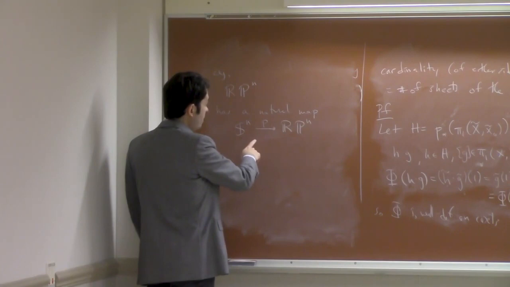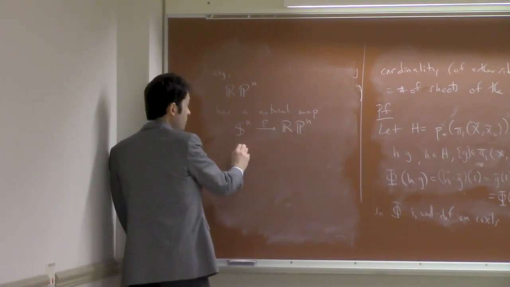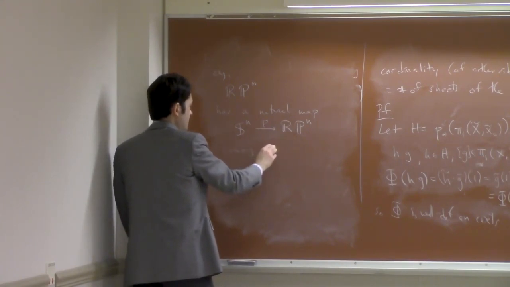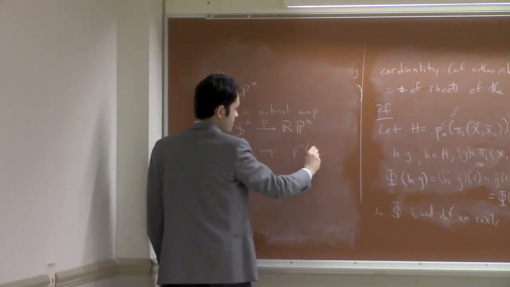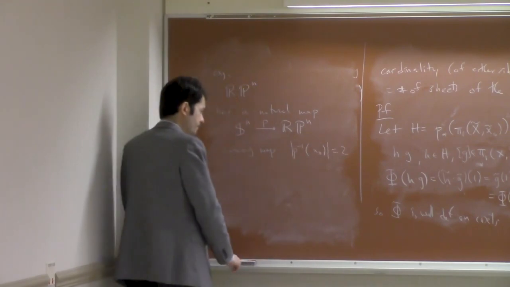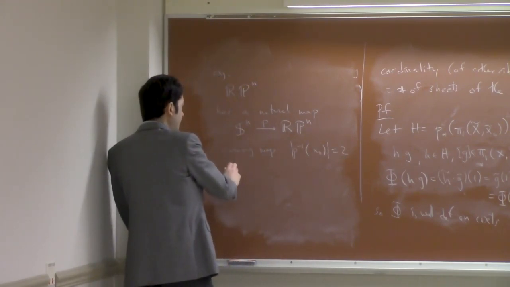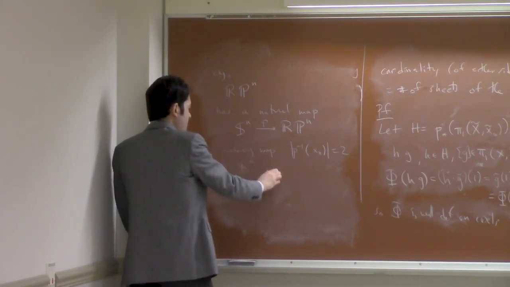So it's easy to see that this is a covering map, and the inverse image of a point has cardinality 2, and Sn is simply connected.